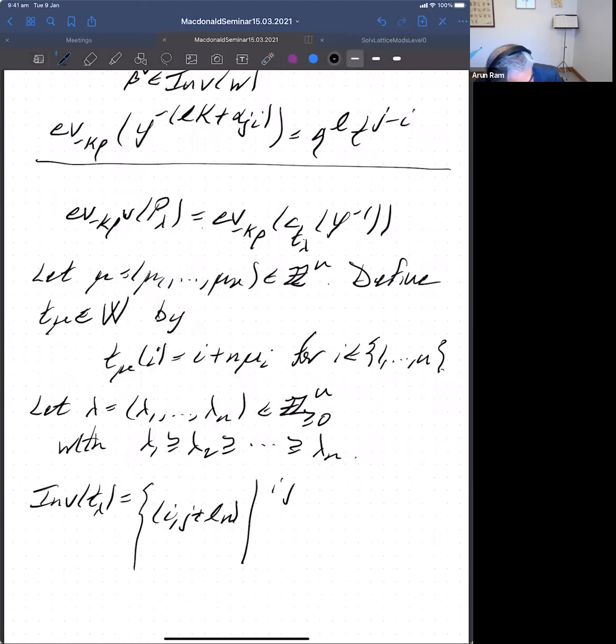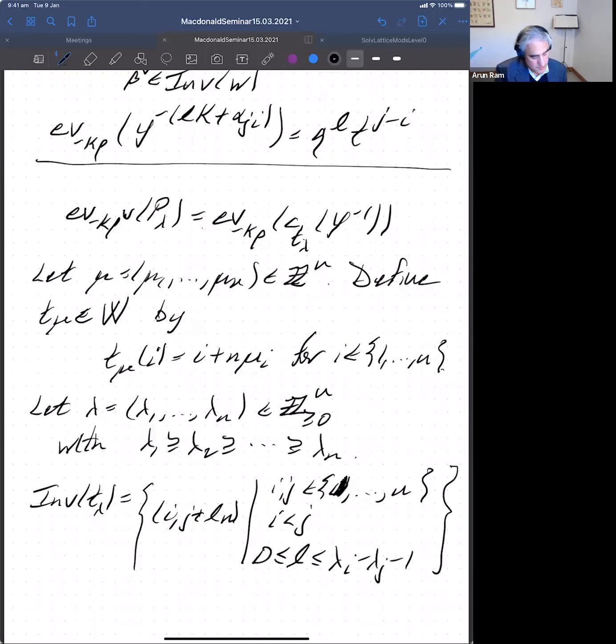So i and j here are between 1 and n, and i will be less than j, and L will run between 0 and lambda i minus lambda j minus 1. Yeah, that's right.